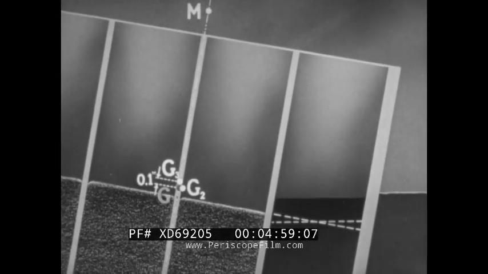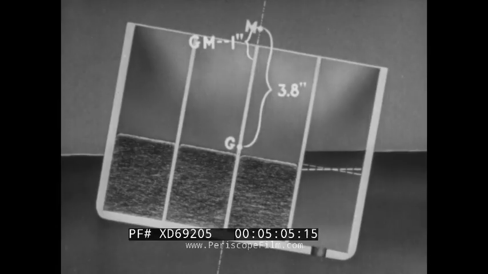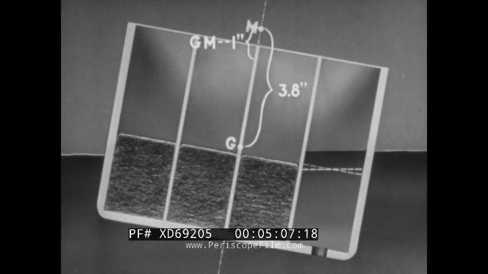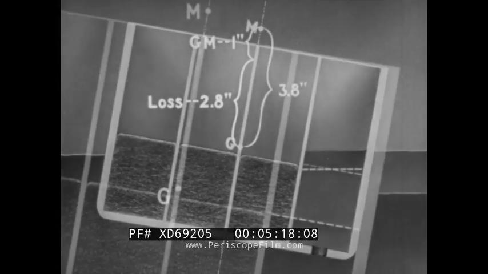However, when the compartment was open to the sea, the GM measured only 1 inch, indicating a total loss of 2 8/10 inches. Let us see step by step what caused this greater loss of metacentric height.